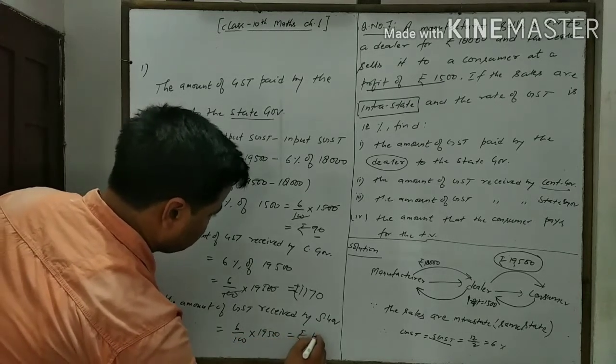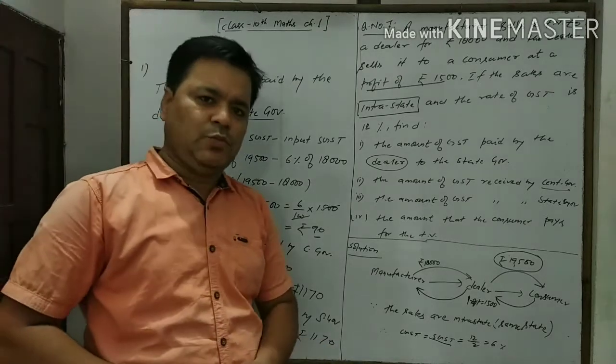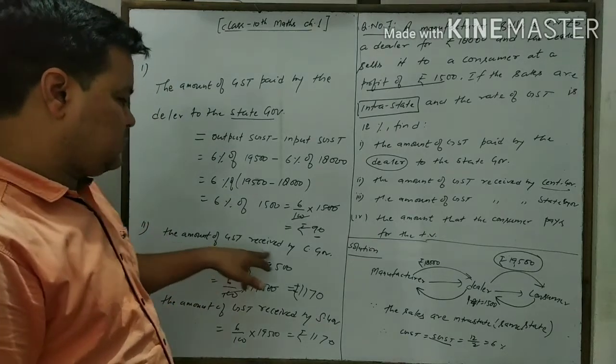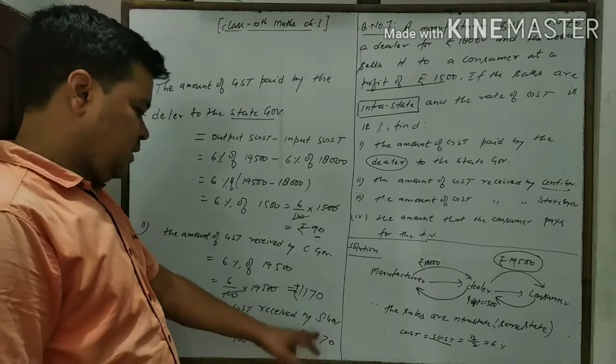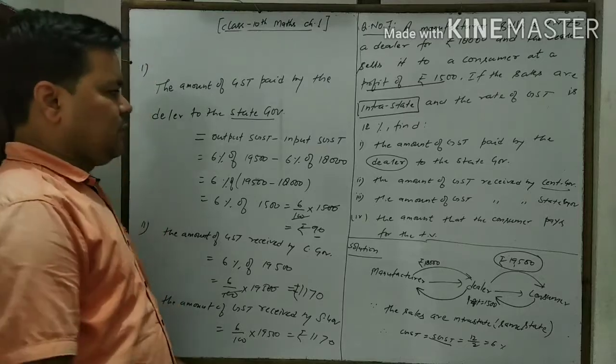Similarly, the value will also be the same, 1170 rupees. It means the GST received by the central government and by the state government will both be 1170 rupees.